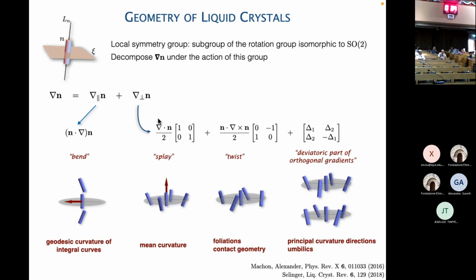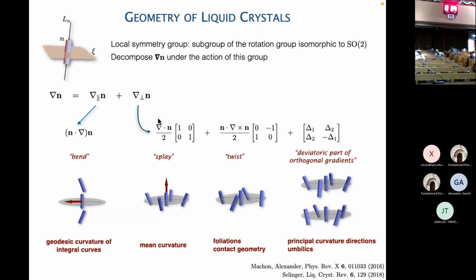This one gets the name of bend. And then the other one, this is a direction that's perpendicular. So it's an X or a Y of a unit vector along Z. When I differentiate unit vectors along Z, I get back a vector which is again an X and Y. So I have something which is in the XY plane for the gradient part, and after I've differentiated the vector, it's again in the XY plane. That's a little 2x2 matrix, and I break it apart into its pieces.